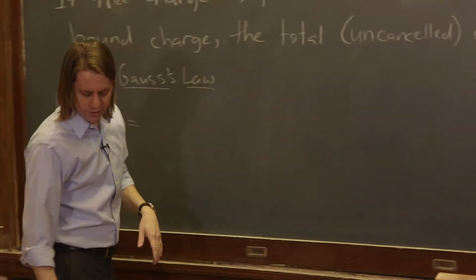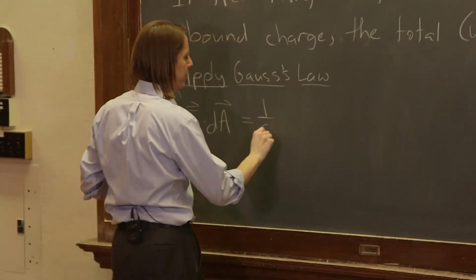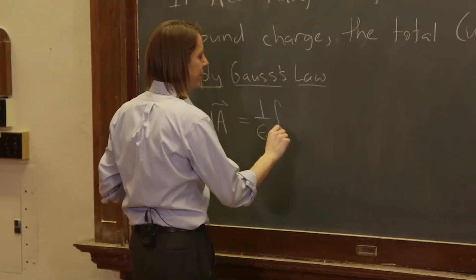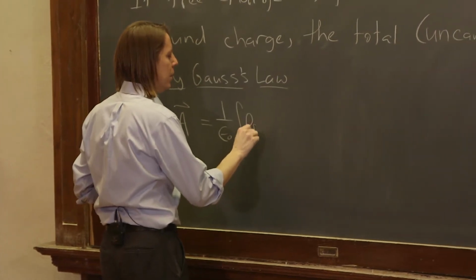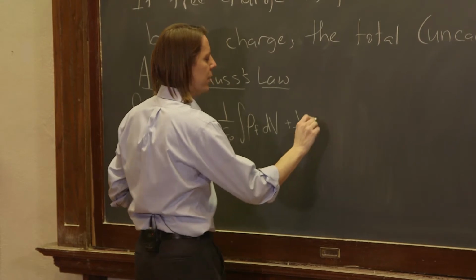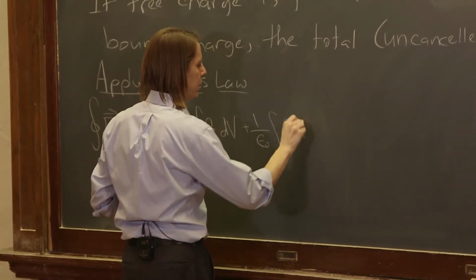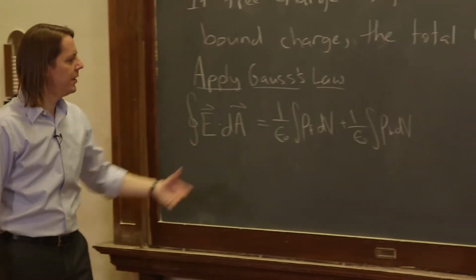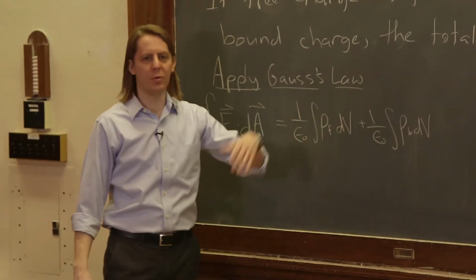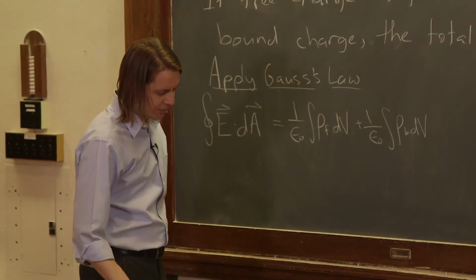Written as charge densities, you just write them as integrals: 1 over epsilon naught, the integral over the volume of rho free dV, plus 1 over epsilon naught, the integral of rho bound dV. That's really just Q enclosed over epsilon naught, just the two flavors of Q enclosed, the bound and the free.